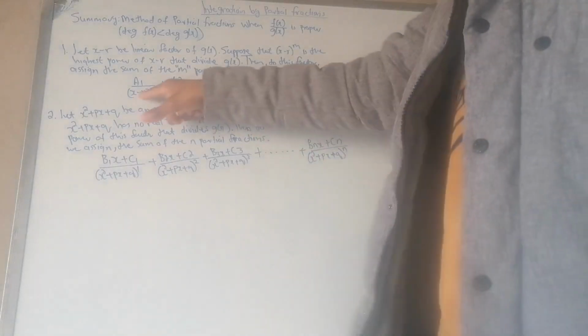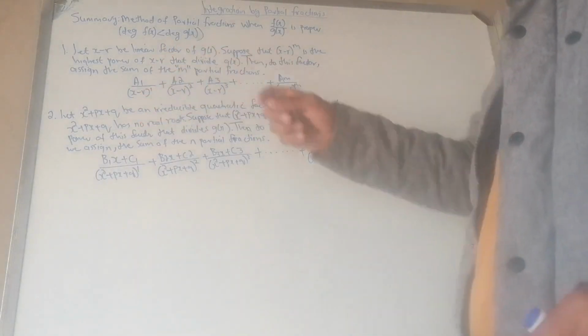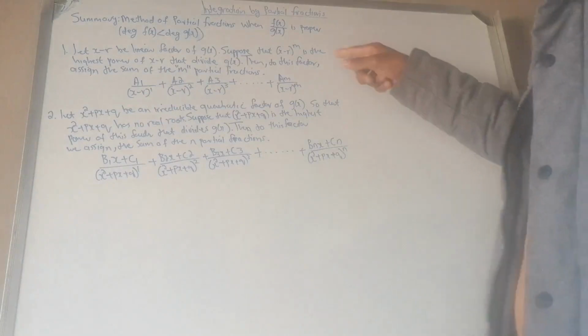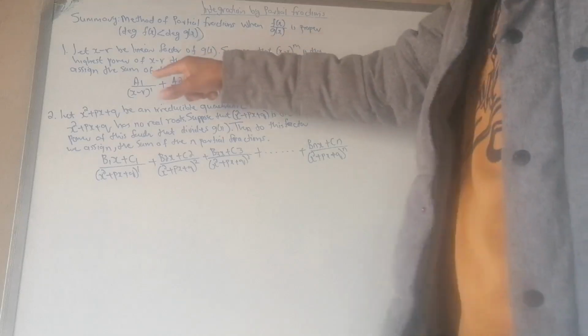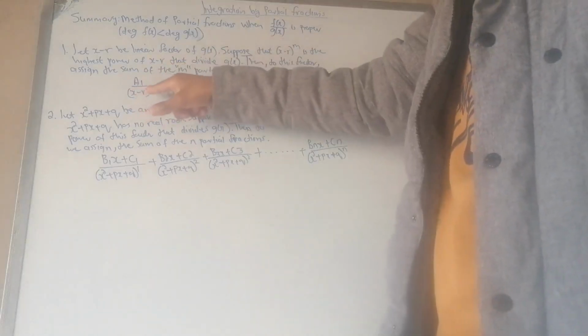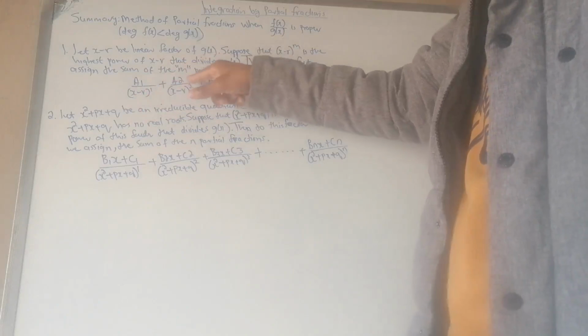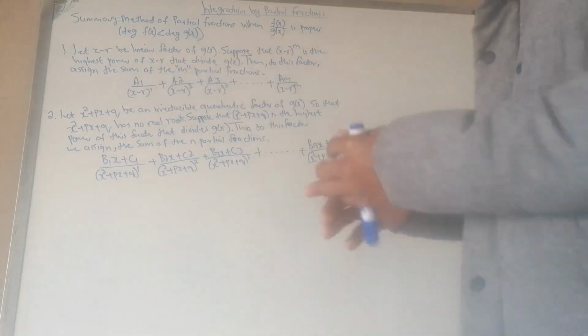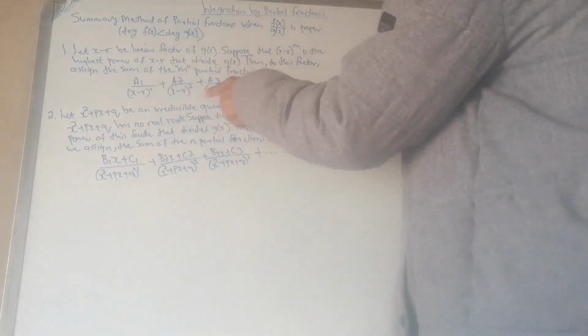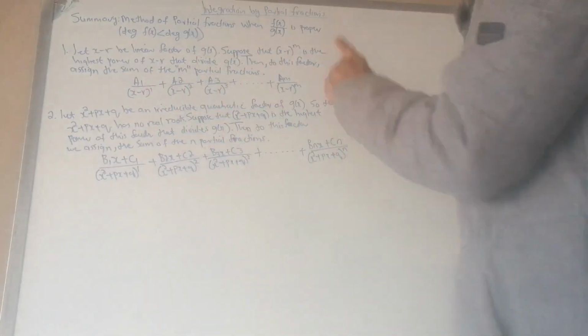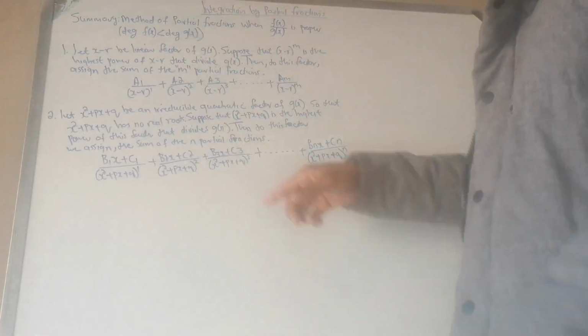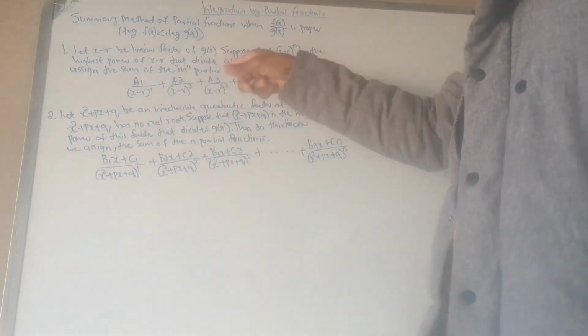Now, because this is a linear factor where the highest exponent that we have for x minus r is m, we said A1 divided by x minus r, exponent 1, A2, and so on, because these are different numbers. You're going to get different numbers because the exponents are different, so it will assign different numbers. Hence, we are using A1, A2, and A3.